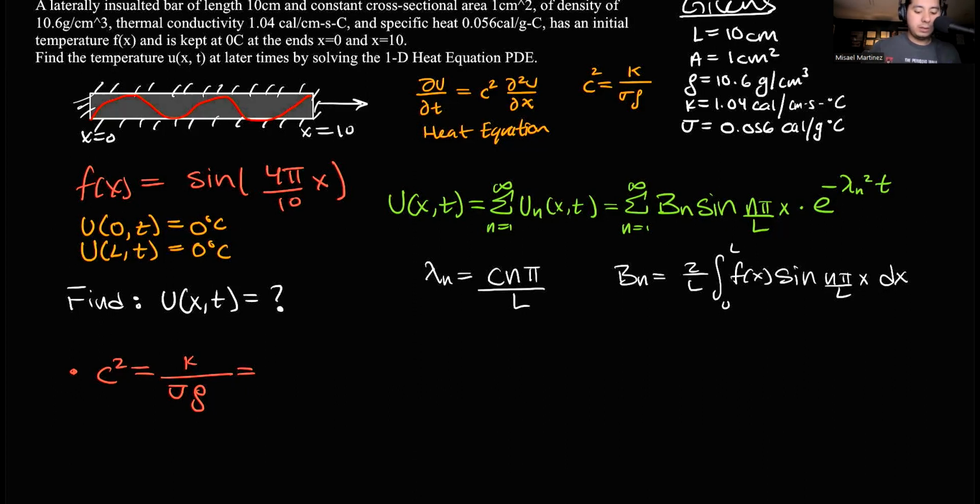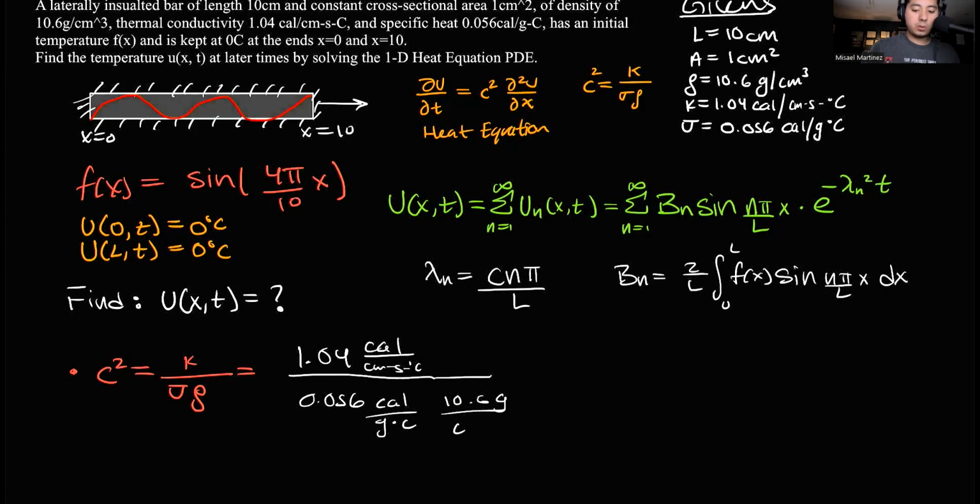This constant c squared should be equal to the conductivity, 1.04 calories per centimeter second Celsius, divided by the specific heat, which is 0.056 calories per gram Celsius, multiplied by the density, which for this problem is 10.6 grams per centimeter cubed.